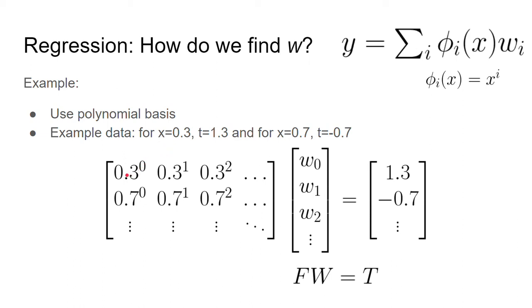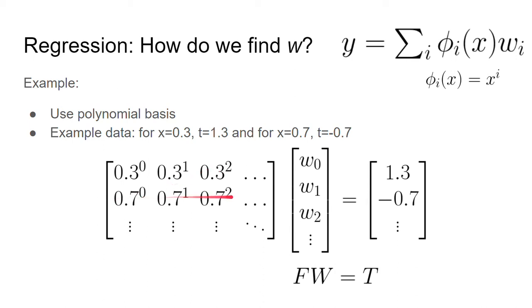If I'm using polynomials as my set of features, my first feature is 0.3 to the 0, that's a 1. The next feature is 0.3 to the 1, that's 0.3. 0.3 squared is 0.09, and so on and so forth. So that's what all of my features would do for that first input.